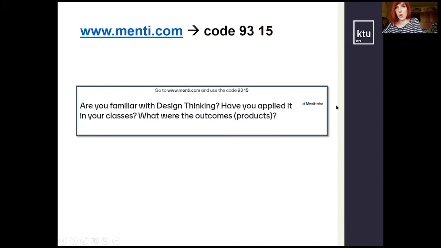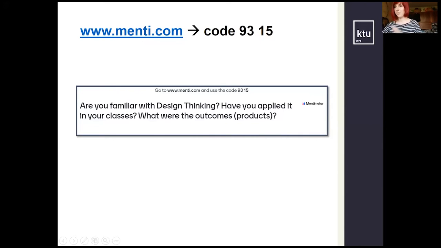All right, so before I tell you even more about the concept of our e-handbook, I would like to first hear some of your experiences about design thinking. Our handbook is going to be based on the design thinking method.